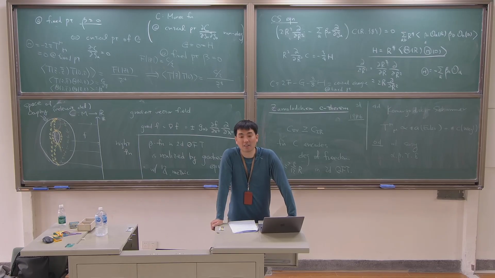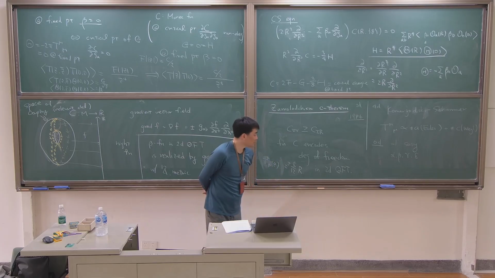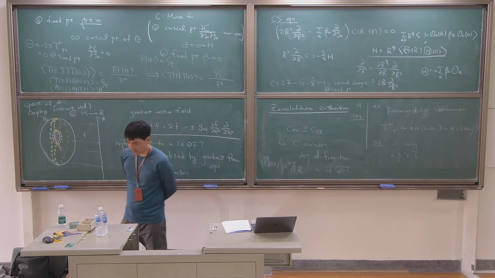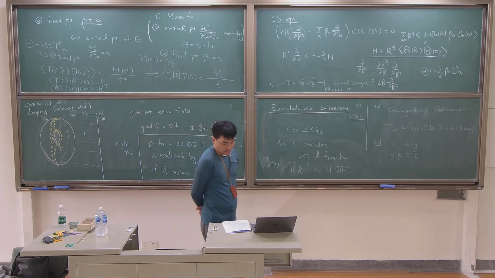Anyway, so those are even dimensions. In odd dimensions, there is some similar theorem. It's called the F theorem and so on, but I'm not going to go into the detail. Okay, so that's the story of the Zamolodchikov theorem.